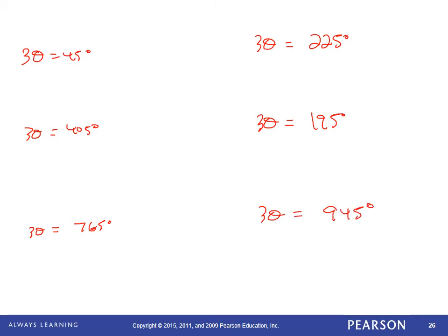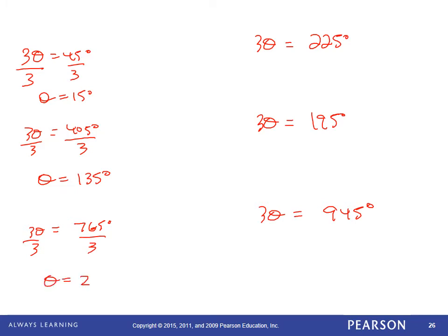Okay. So I think I'm good to go here. Divide by 3, and I got an answer of theta is equal to 15. Yes. Okay, help me out here. Divide by 3, theta is equal to? 135. Cool. Divide by 3, 255.